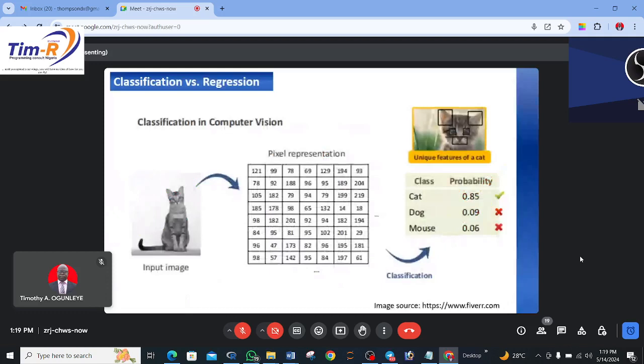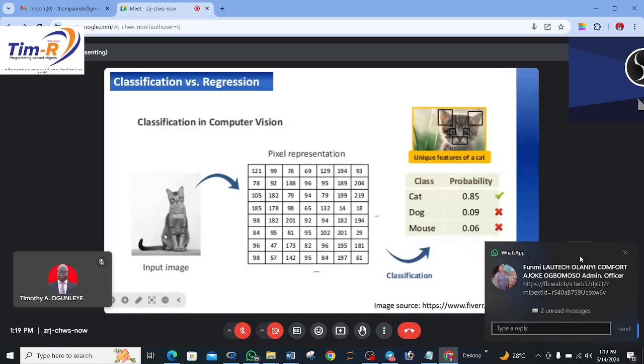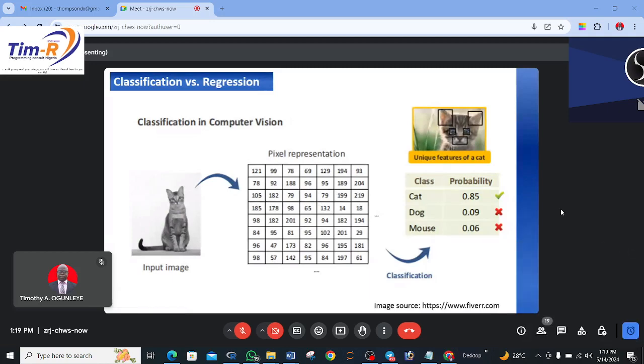Now, still on classification and regression, classification in computer vision. When we have a cat, this is a feature here, and a pixel representation of this image is given as this, because this is what the computer will understand. Computers cannot understand this; computers only understand zeros and ones, numbers.